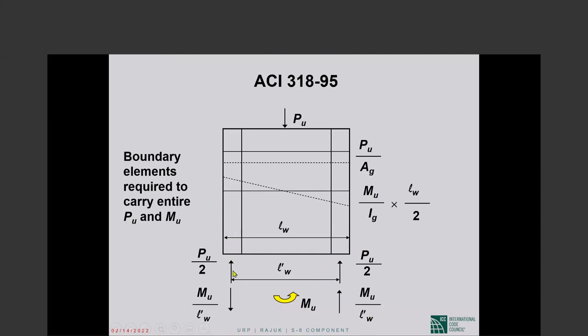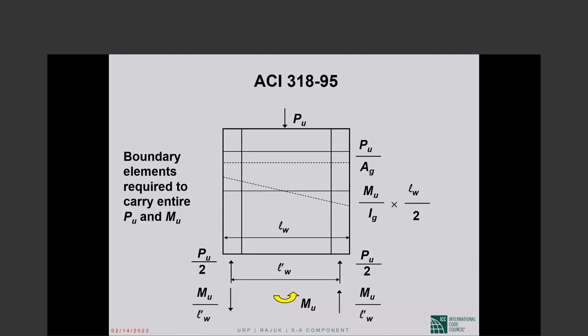Okay. Now, if the moment is so big that this column goes into tension, then we have a bigger problem because all the tension has to be carried by reinforcement. Concrete doesn't do anything for us. At that stage, we probably would try to change something, the proportions of the shear wall or something, because that is not a very tenable situation.